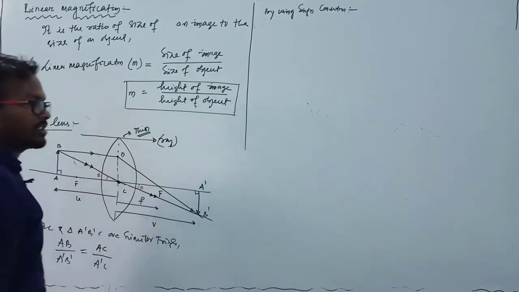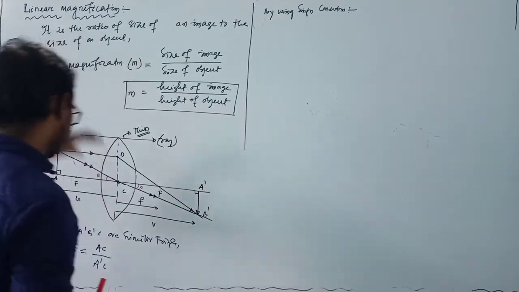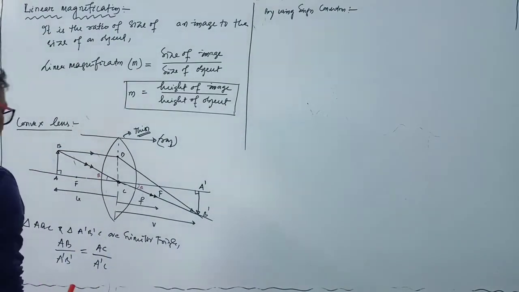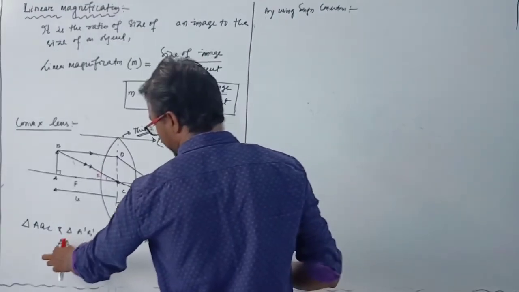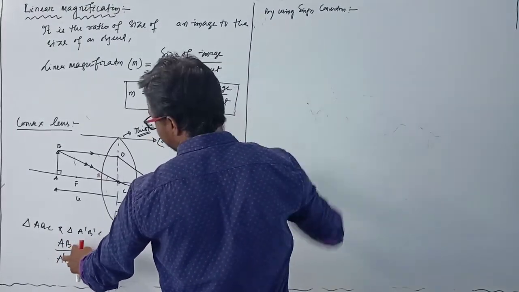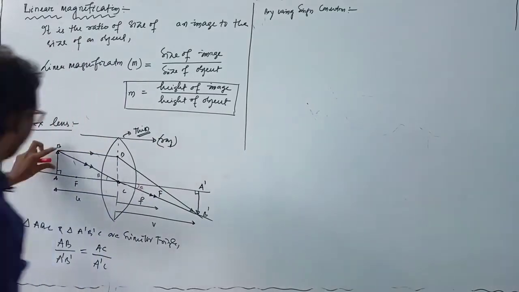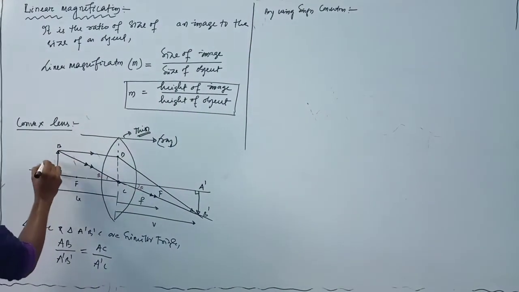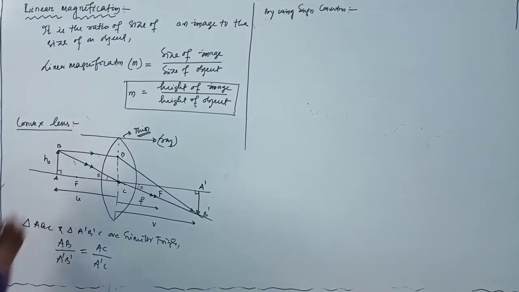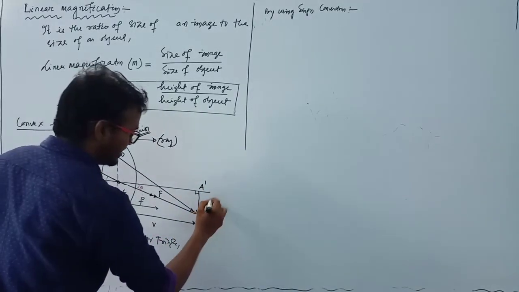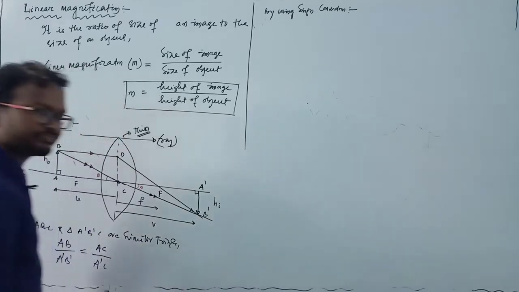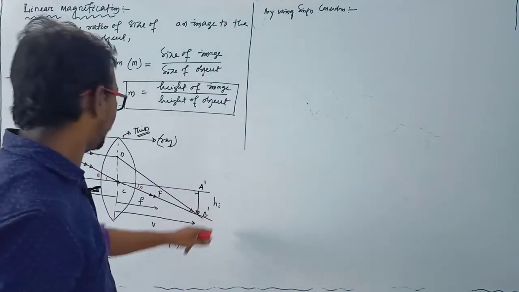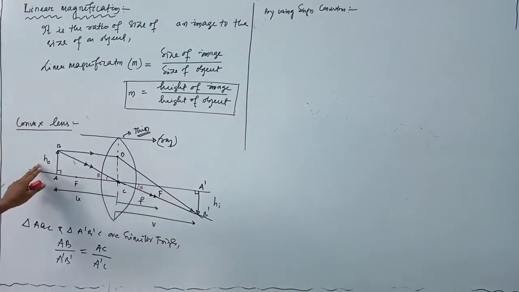So along the direction of the incident ray, the distance is taken to be positive, but in the opposite direction the distance is taken to be negative. So using the sign convention, suppose the height of the object is h0, and the height of the image is hi. Clear?